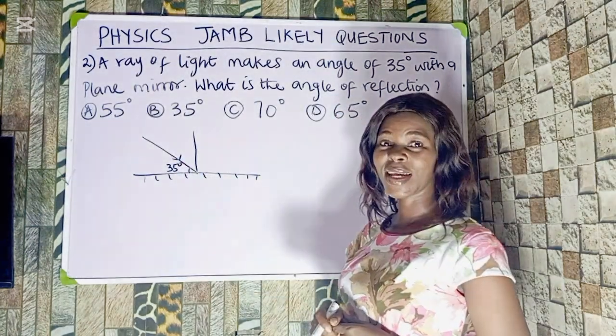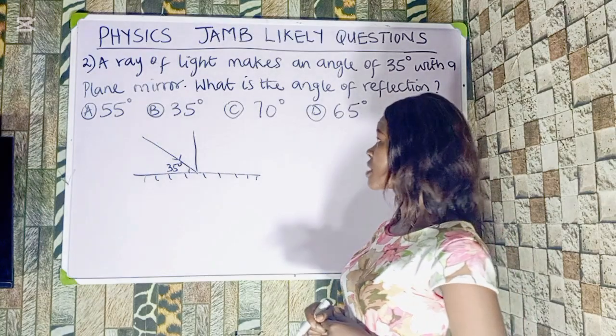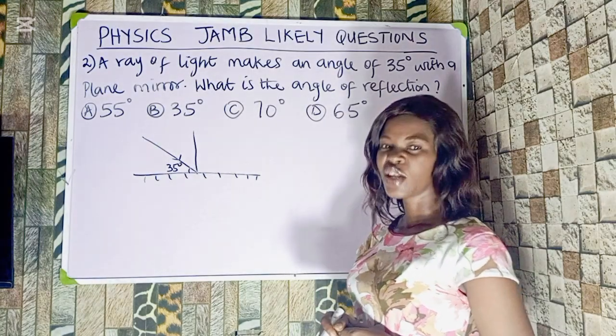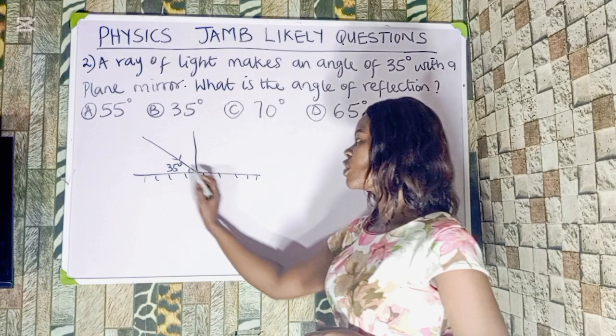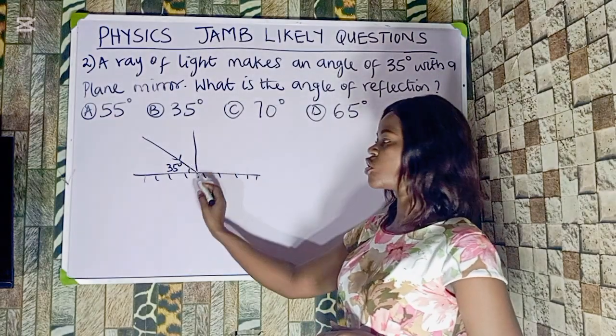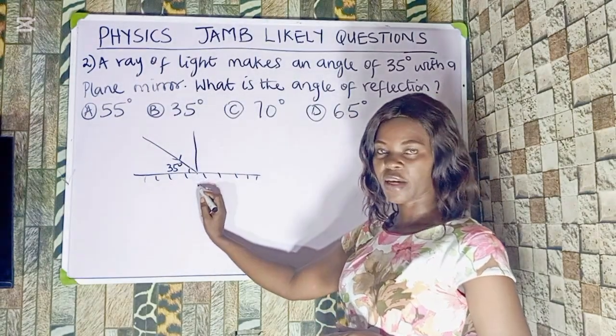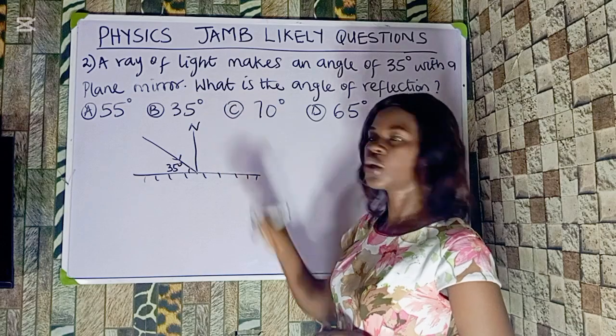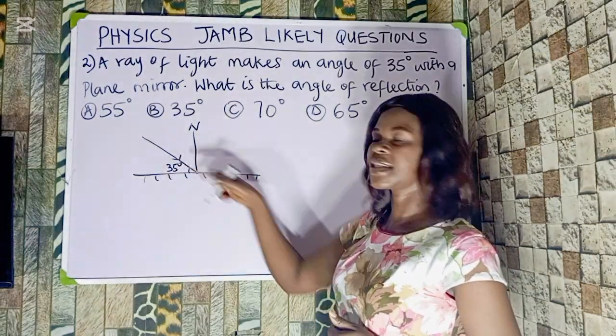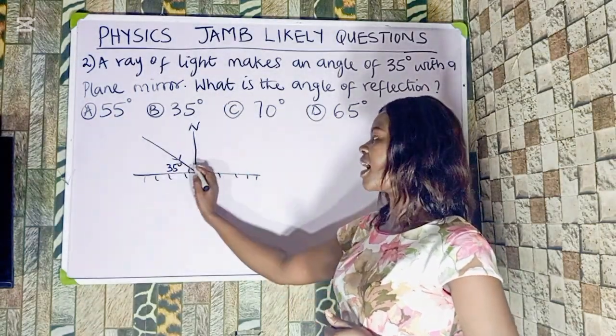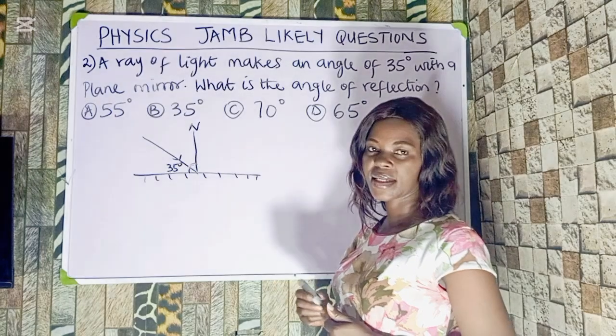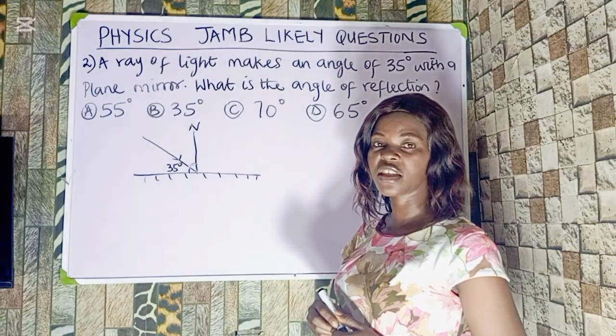This angle is called the glancing angle. We're asked to find the angle of reflection. Looking at what we have, this is already a perpendicular line, which is our normal, while this is the incident ray. This is the angle of incidence, the angle between the normal and the incident ray.